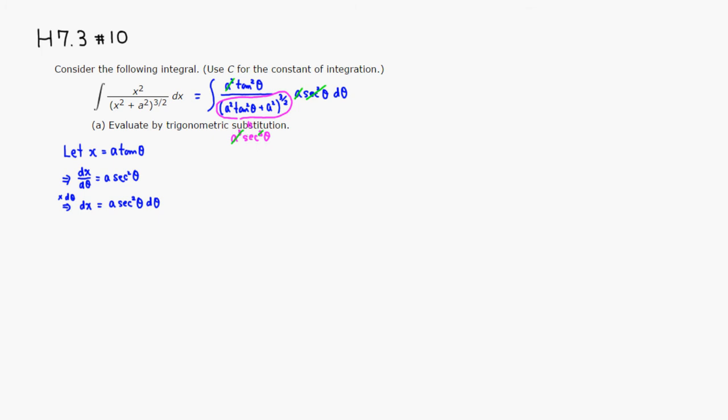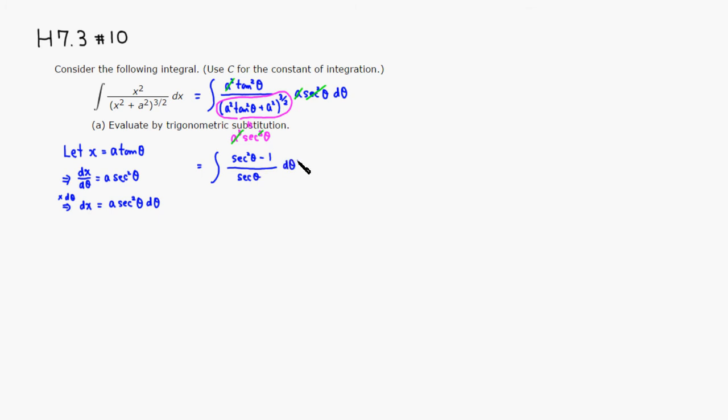Once you clean it up, this is going to be an integral. I'm going to write the tangent squared as secant squared theta minus 1, and what's left on the bottom is just secant of theta, then d theta.